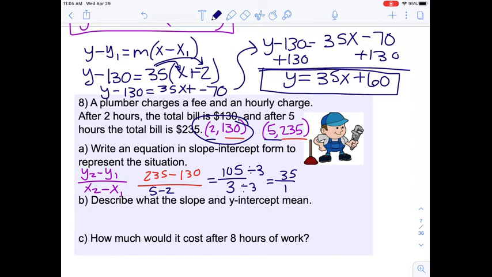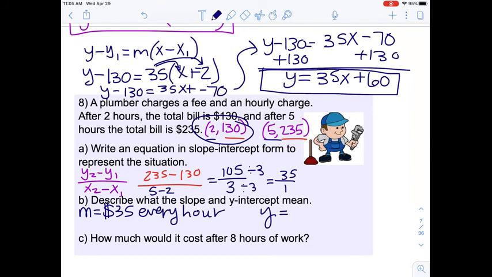So it says describe what the slope and y-intercept mean. So the slope, our m, is how much the plumber is making every hour. So the plumber is making $35 every hour. So slope is $35 every hour.